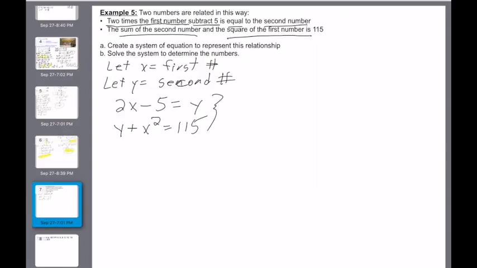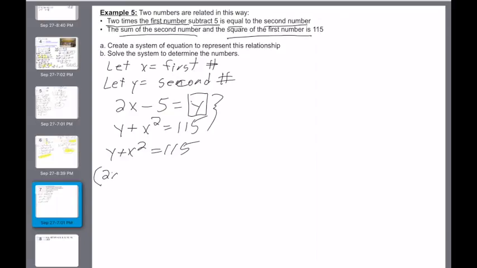At this point, we can go ahead and solve it. I'm going to choose to solve this one using substitution. I like that method better, especially considering our y is already on its own. So I'm going to plug that into our other equation, y plus x squared equals 115.